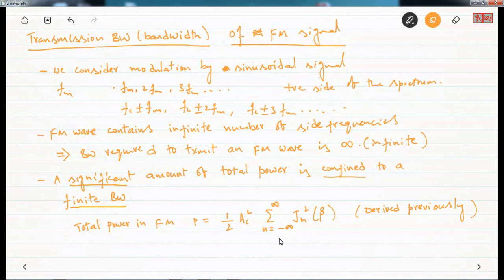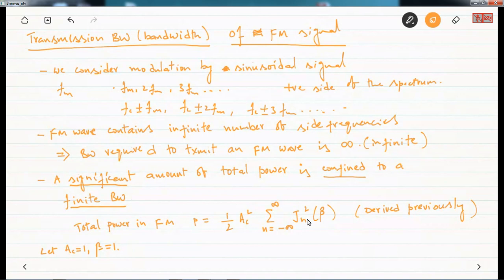Just for example, consider Ac equal to 1 and beta equal to 1. So I'm making the carrier amplitude Ac equal to 1, and the modulation index beta equal to 1.